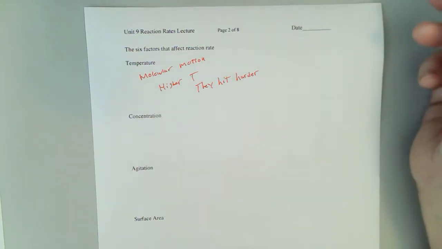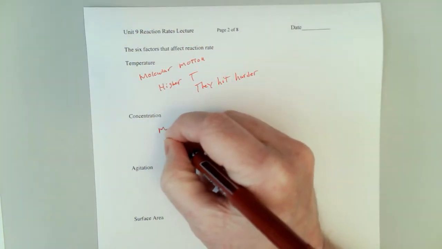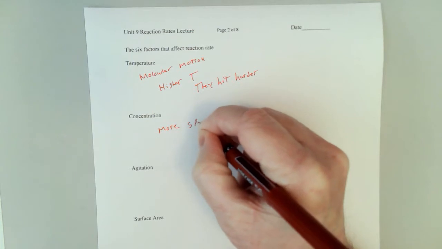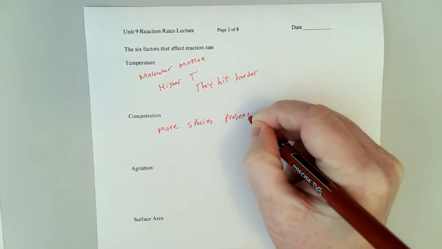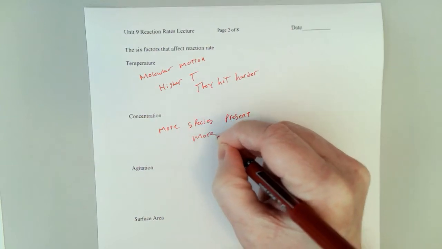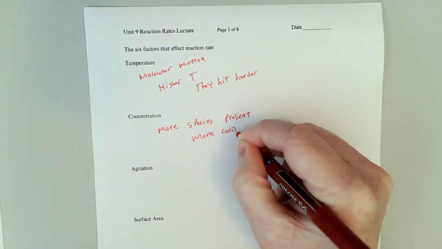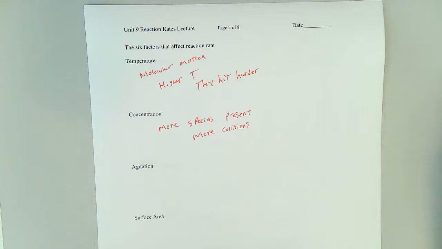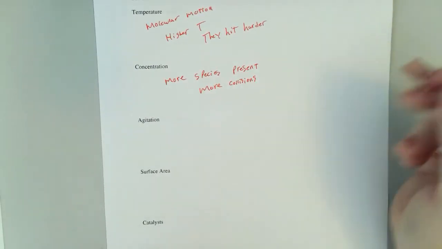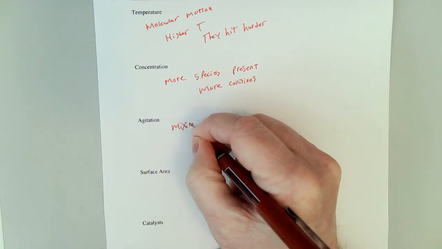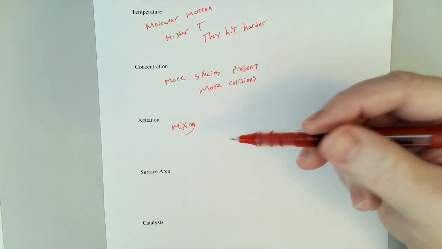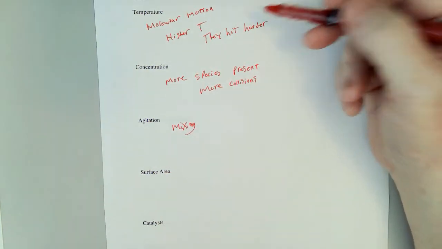Concentration. More species present means more collisions. Agitation. It's a fancy word for mixing. And really, it's not any different than talking about temperature.